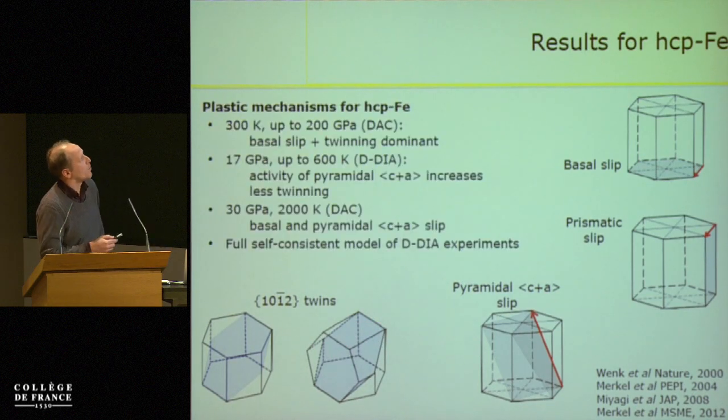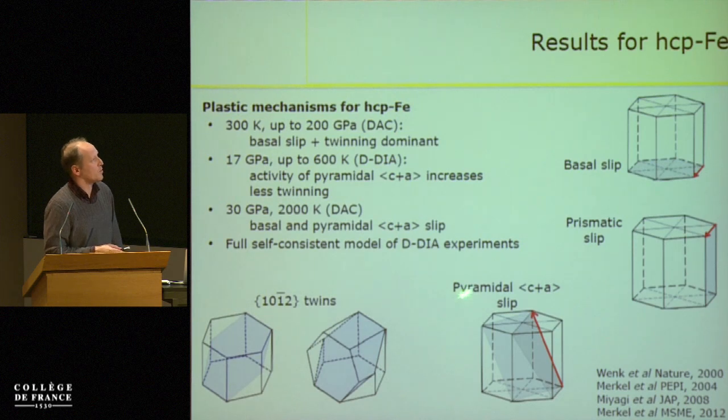When you work at low temperature in a diamond anvil cell, you find a lot of basal slip and a lot of twinning. Then when we did experiments in the Deformation-DIA, at a little bit higher temperatures, we saw the activity of twinning decreasing and the activity of pyramidal slip increasing. There are some hints that when you work at high temperature in a DAC, there's a lot more activity of this pyramidal slip system, with still a lot of basal slip being active.